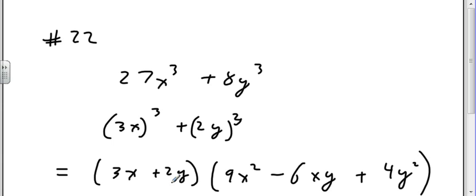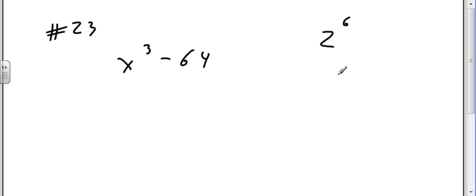Okay, we'll look at 23: x cubed minus 64. I recognize 64 is 4 cubed. Do I not? Yes, I do. So this is x cubed minus 4 cubed.